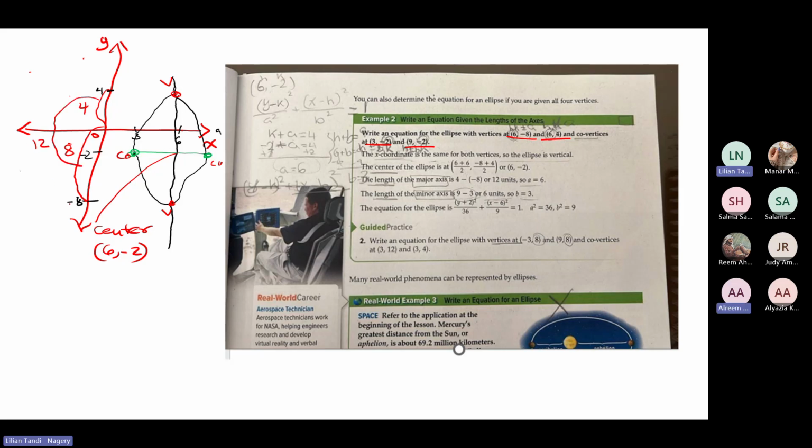So this is 2a. 2a is 12. So A is 6. Up to there we are good? Yes. See? That's what I did, even without looking over there. Okay? All right. Let's find B. What's the distance from here to here?